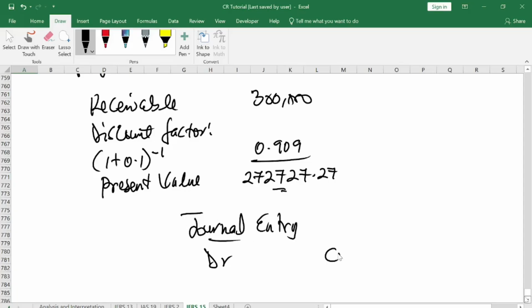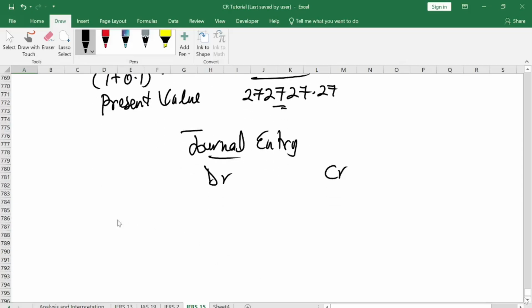Debit and credit. So what do we have here? You will have your receivable, which will go to the statement of financial position, 2,727.27. Then you will have your revenue.